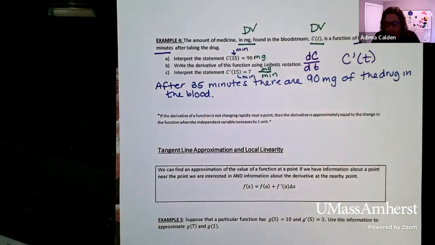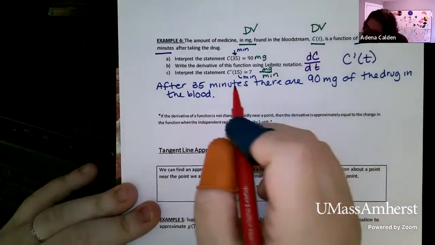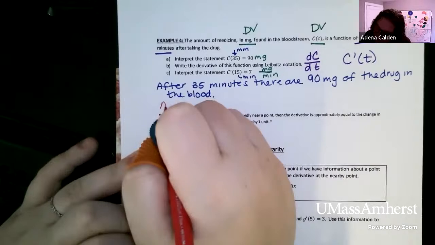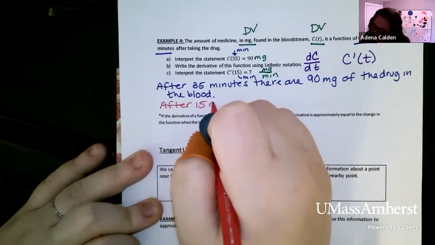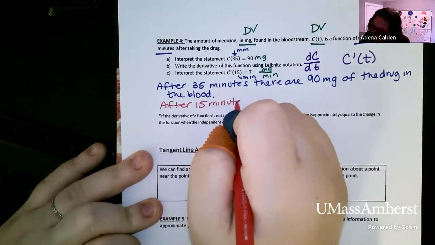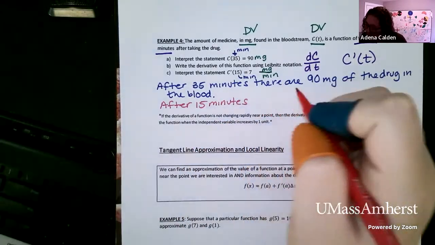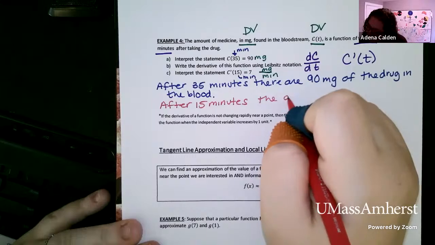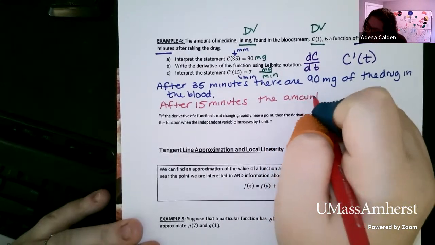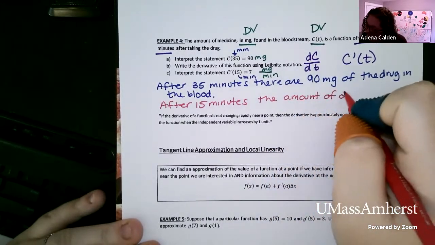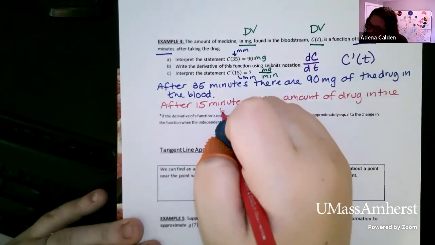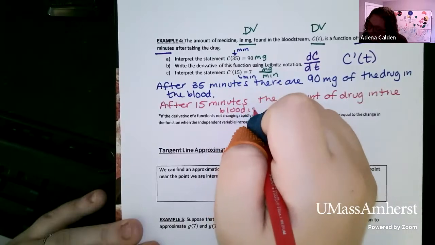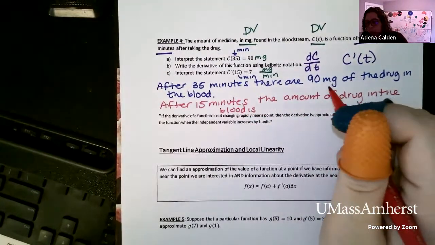So if we want to put that all together, we would say something like, after 15 minutes, because that's the moment that we're evaluating, the amount of drug in the blood is, and again, you can use the word changing.